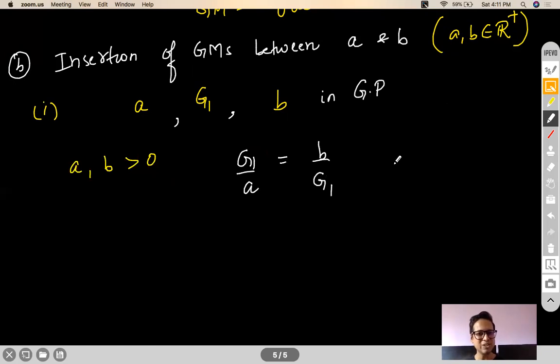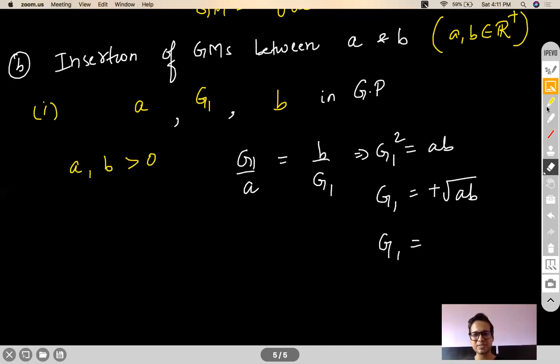So G1 square will be equal to AB, which will result in two answers. One is plus square root of AB, and the other would be minus square root of AB.